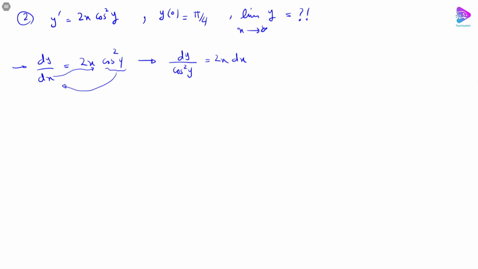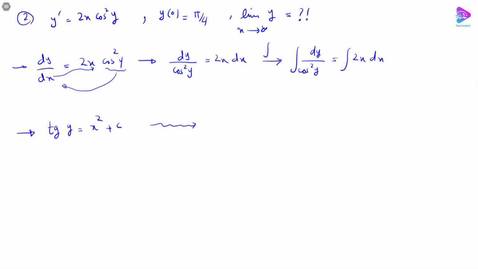Correct? So now simply integrate. The answer of that integration is going to be tangent y equal to x squared plus c.